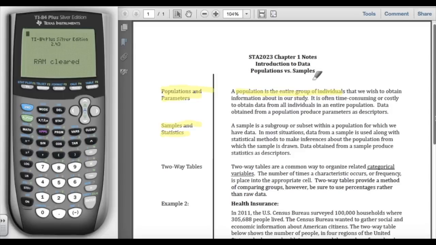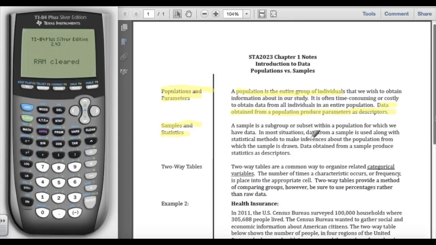It's often time-consuming or very costly to get data from all individuals in an entire population. But if you can somehow talk to every individual, the data obtained from a population will produce parameters as its descriptors.